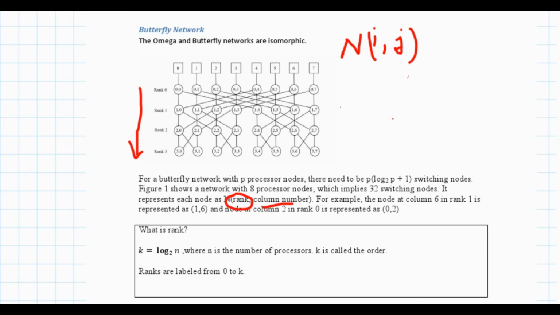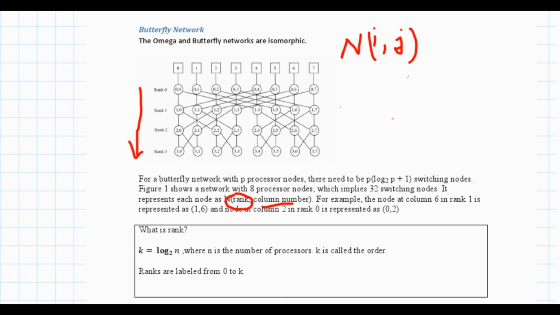So for the two-dimensional matrix structure for the switches, you have 8 columns numbered from 0 to 7. Now, how to figure out the number of rows? The number of rows can be found using this formula.